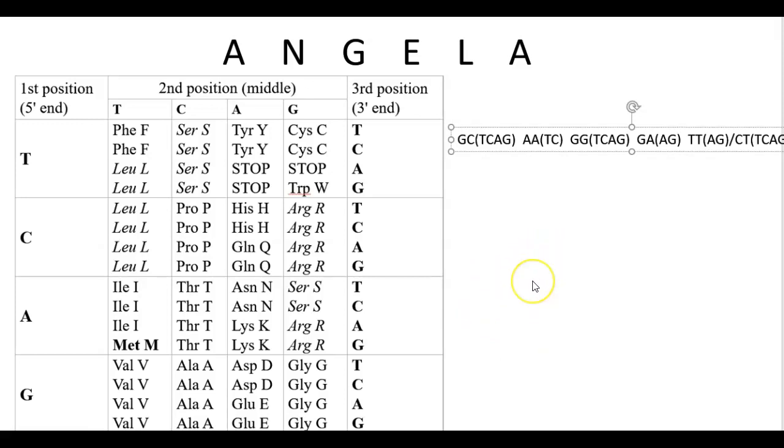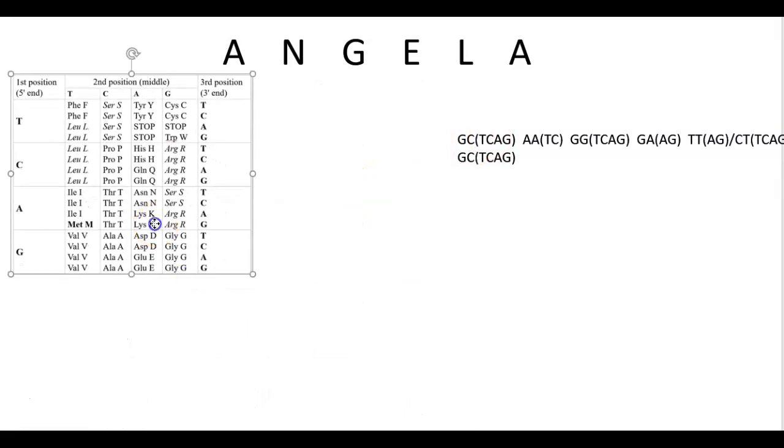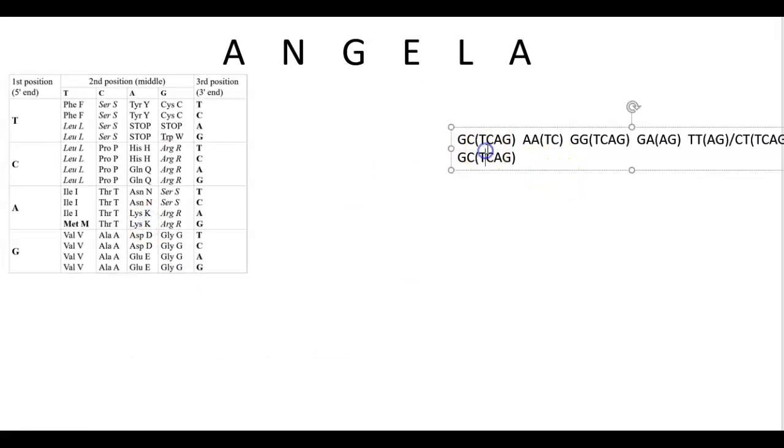And finally, we do our A again. And we've done that already, so we can simply copy that and put that into our sequence. So now we've got our nice sequence here, which corresponds to the DNA sequence.